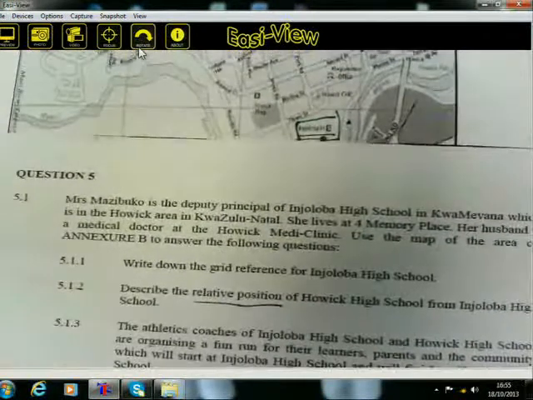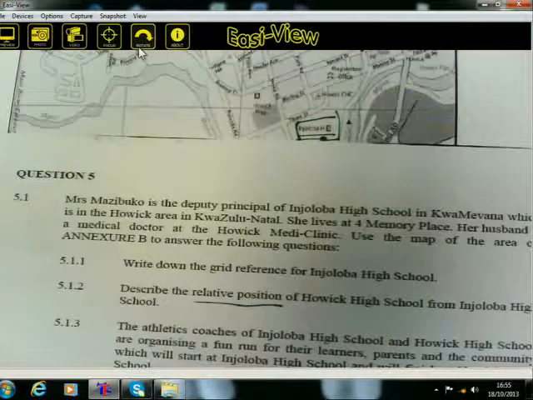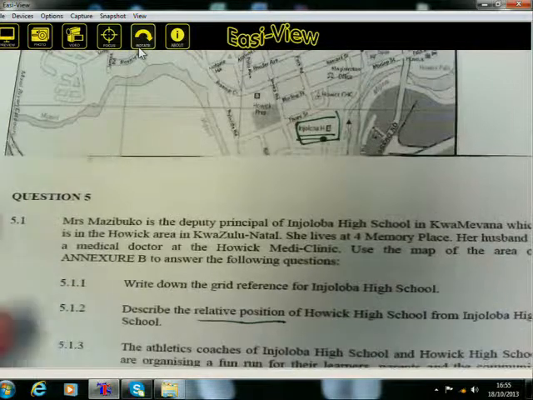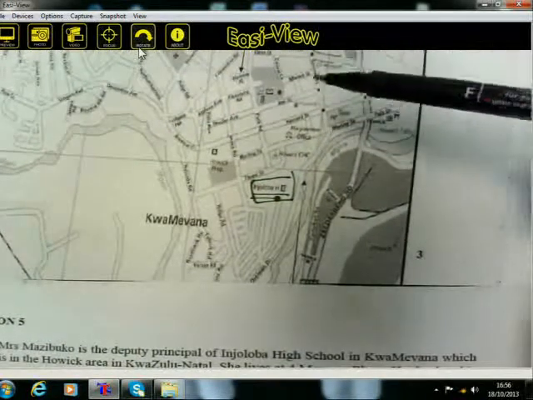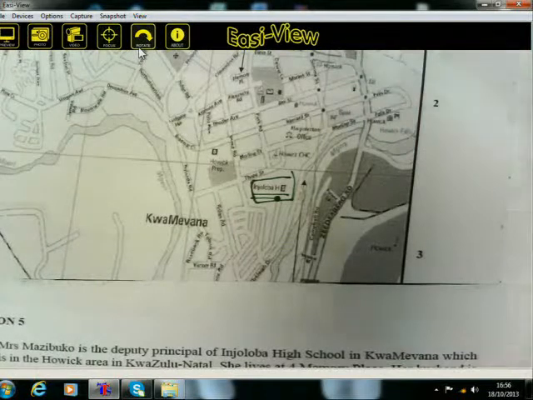Describe a possible route for the fun run if the traffic officials declare that the main route must not be used. Let's see, they must not use the main road.